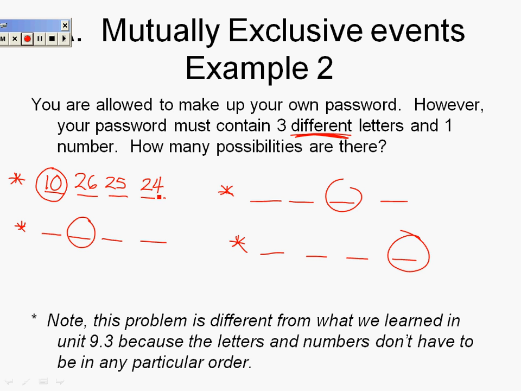Now, supposing that the number's here, how many numbers do I have to choose from for this outcome? 10, and for the letter? They're all going to be 10, 26, 25, and 24. It's just that the number's in a different place each time. So I'm just going to go ahead and fill in all these blanks now. You guys should be filling these in with me now.